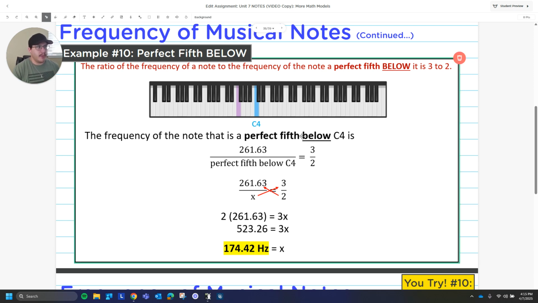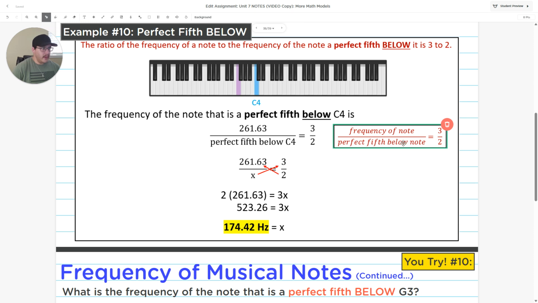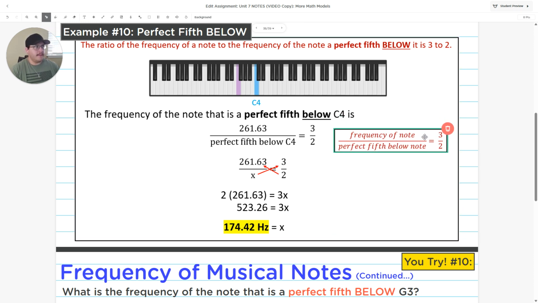So let's say we want to calculate the perfect fifth below. The perfect fifth below uses this formula: the frequency of the note above, over the frequency of the perfect fifth below note, will equal 3/2.